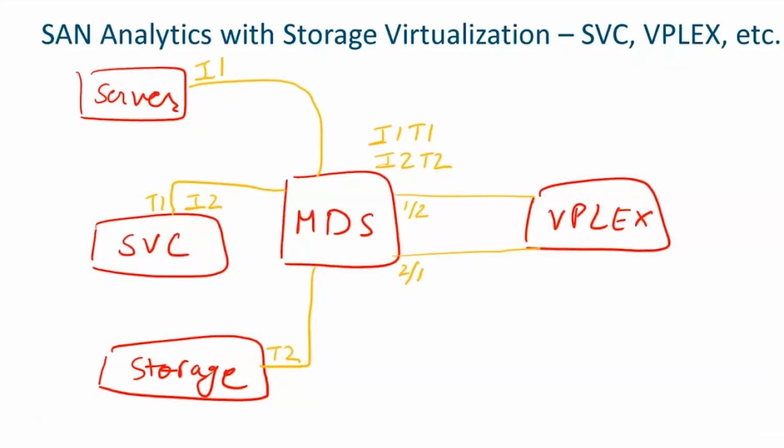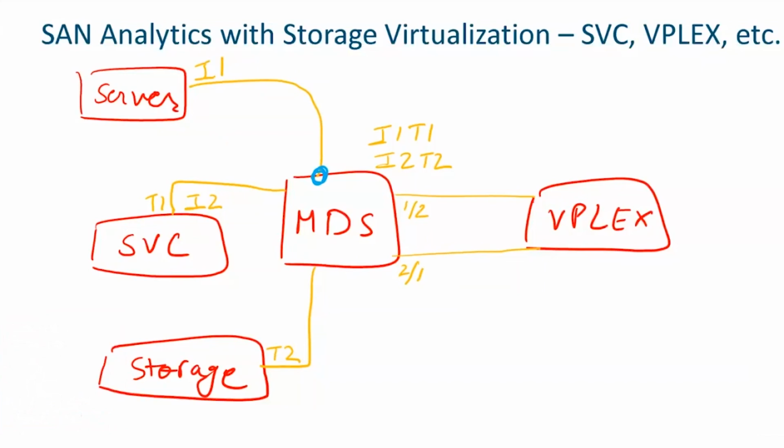And based on that, you're going to enable your monitoring, because let's say if I monitor on my host port here, I actually monitor the performance between server and SVC, based on the fact that SVC doesn't really wait for the write or the read to happen from the backend storage, right?